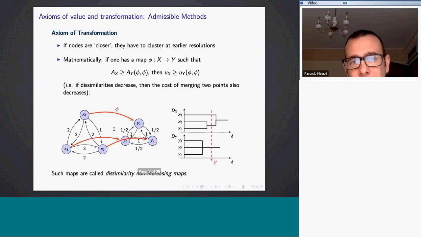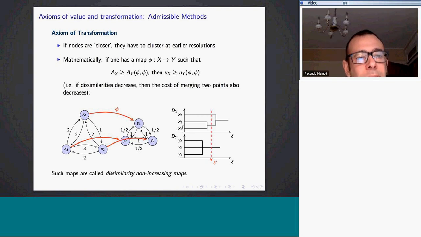Let me pick a network. If you apply your method to some network, say this one, suppose with some scale value delta prime, the clusters induce blocks in the partition D_X(delta). Now take one block X1 induced by the choice of delta prime, and restrict your original metric to that block X1.